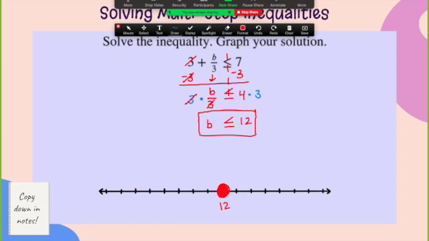Afterwards, I'm just going to write down the other numbers next to 12. So 12, 13, 14, 15, it just continues to increase on the right side of 12. And then on the left side are numbers that are decreasing by 12.